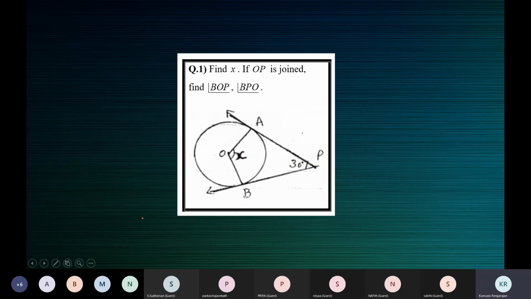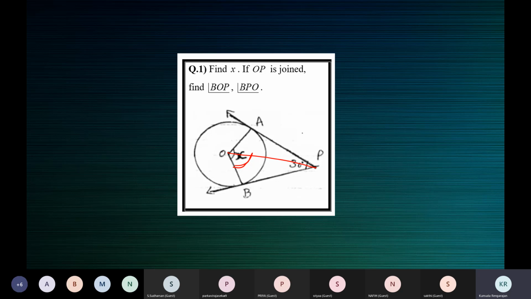What's the value of x, children? From the beginning, what's the value of x? 150 degrees. 180 minus 30, 150 degrees. We'll join OP. BOP is this angle. What's the measure of the full angle AOB? 150.